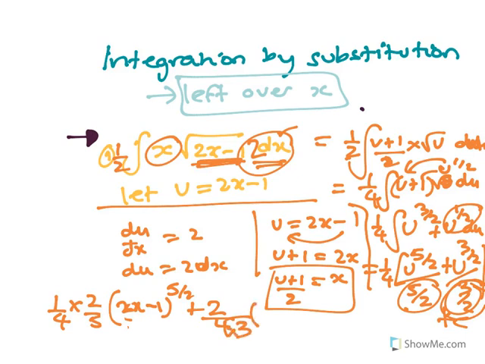And then that will be 2x minus 1 to the 3 on 2. So it's a quarter, so that's 2, so it's 1 on 6. When you simplify that, that will be 1 on 6. And this one here would be 2, another 1 on 6.